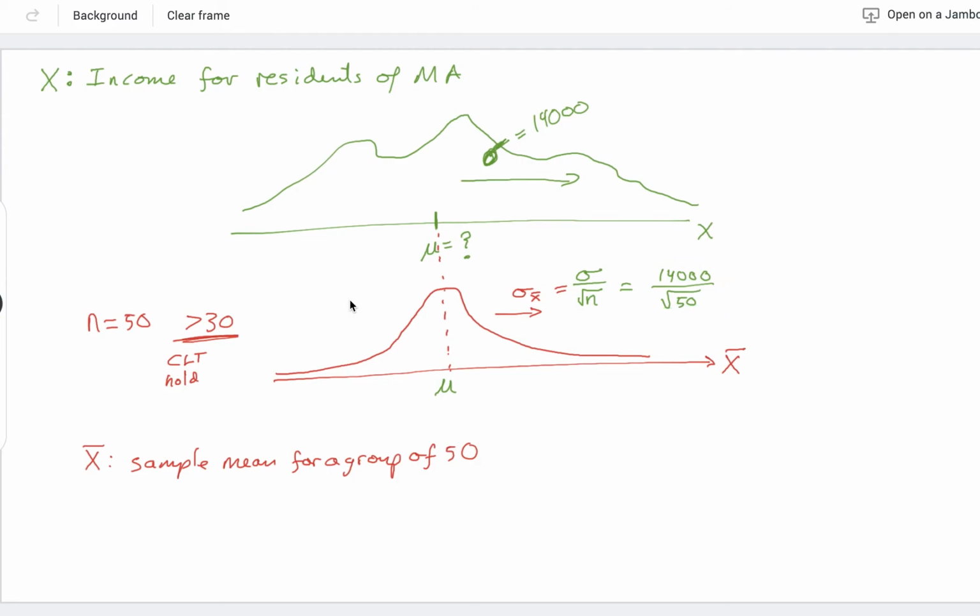All right. So the idea behind the confidence interval is to take a look at this sampling distribution and think about the middle, let's say 96%.